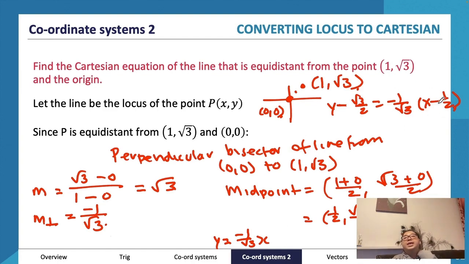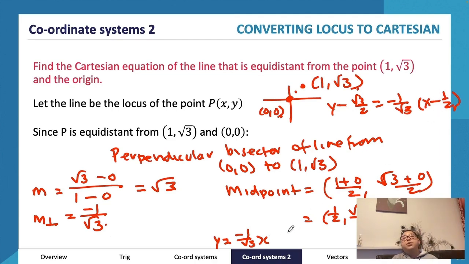To make it a bit easier for us, we can probably times everything by root 3 at the bottom as well, so that we have 6 there.